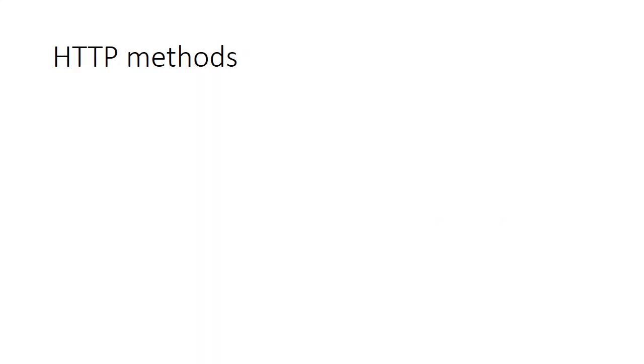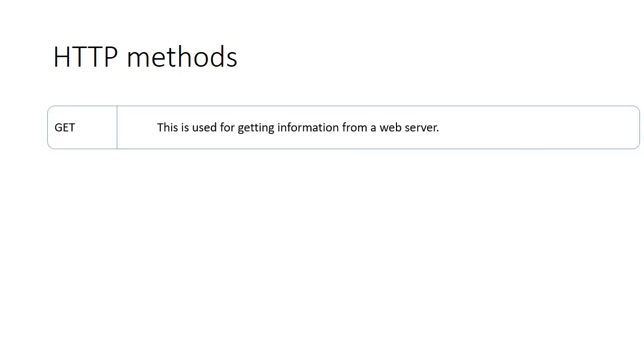So I told you that there are multiple HTTP methods, and we'll cover the most common ones. Although you'll mostly deal with GET and POST methods, we'll also see the PUT method and the DELETE method. The GET method or GET request is used for getting information from a web server.